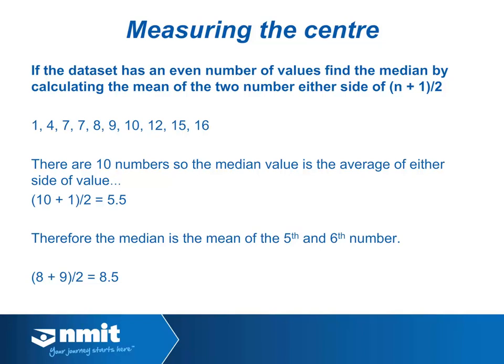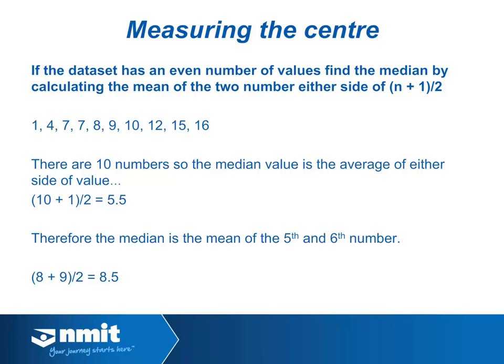To explain that better, if we have 10 numbers in a data set, we plug 10 into that formula, so 10 plus 1 equals 11, divided by 2 is 5.5. Obviously, there's no 5.5 number in this line from lowest to highest, so instead we find out what the fifth number and the sixth number is, because the fifth is before 5.5 and the sixth is after 5.5.